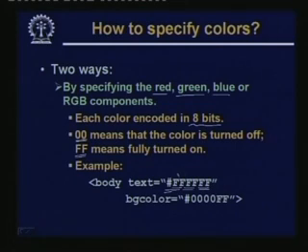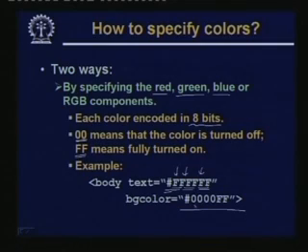In the first one, red is FF, green is FF, blue is also FF, which means red, green, blue all are maximum, the combination of which means white. This is how we specify the white color. Similarly, for BG color, red is 0, green is 0, blue is maximum. So, we are specifying a deep blue color.